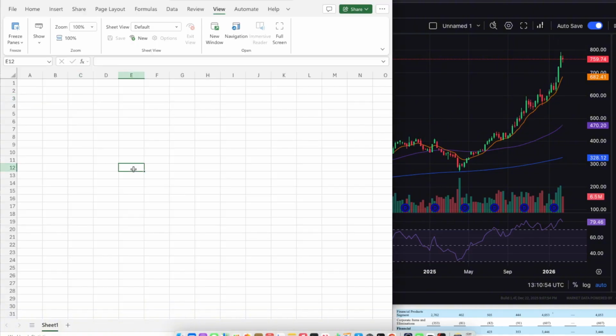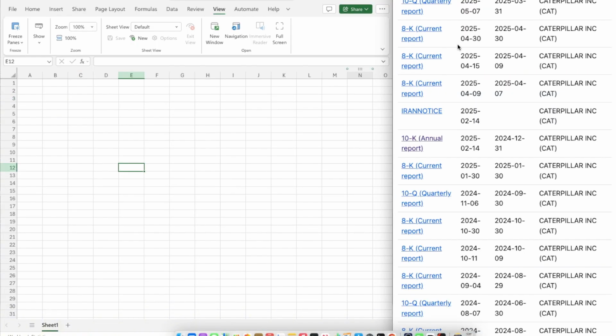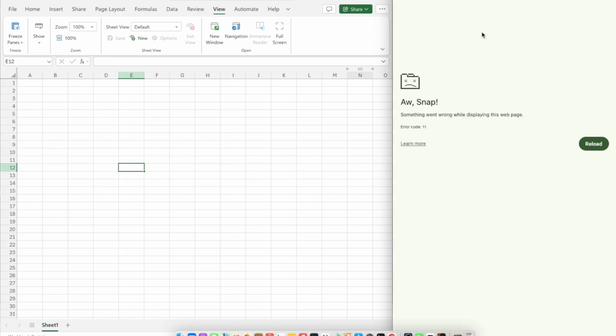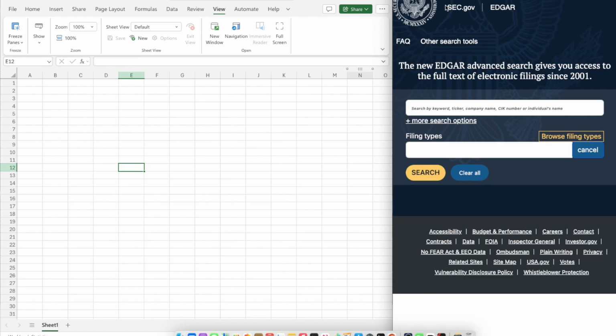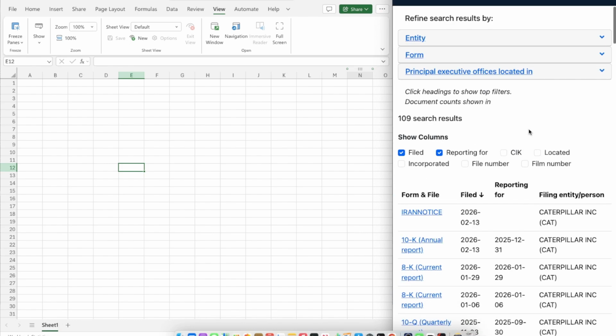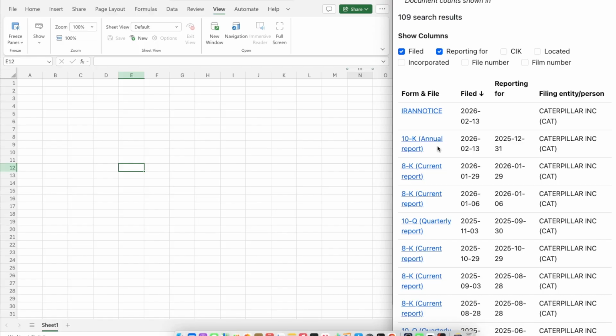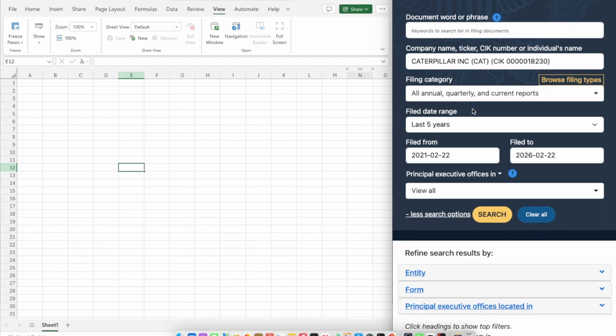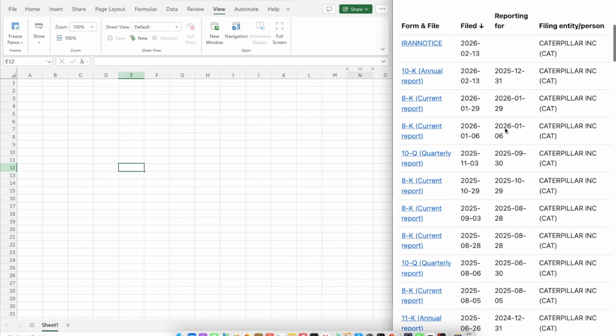So come onto your spreadsheet and open up the SEC website. We search for Caterpillar. And what we want is the most recent 10K, which should be at the top if you go by all annual, quarterly, and current reports.